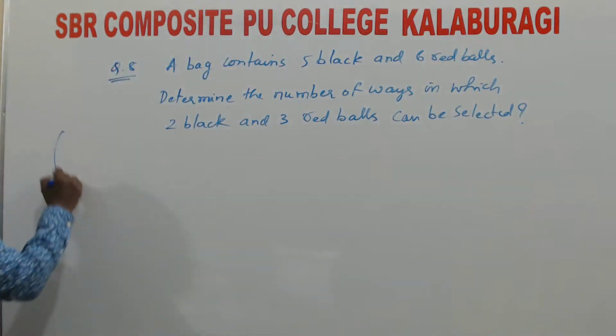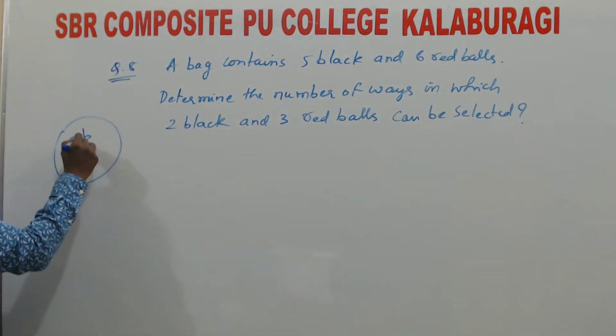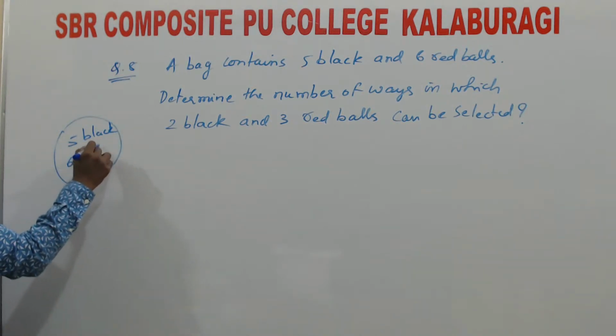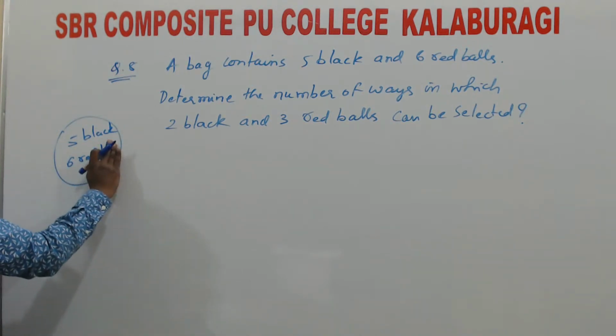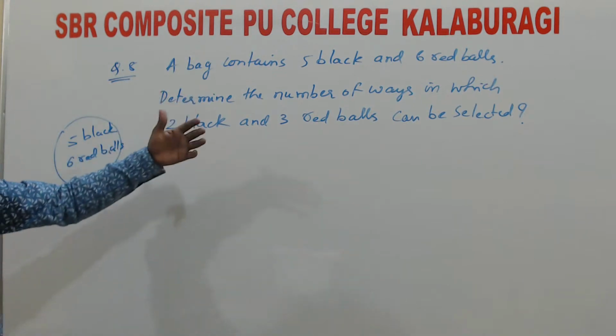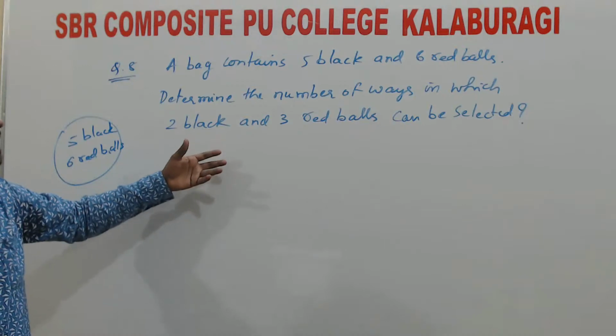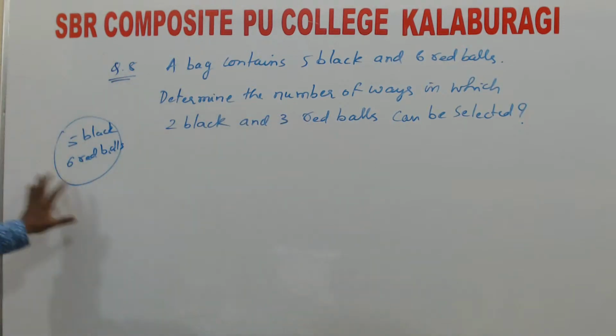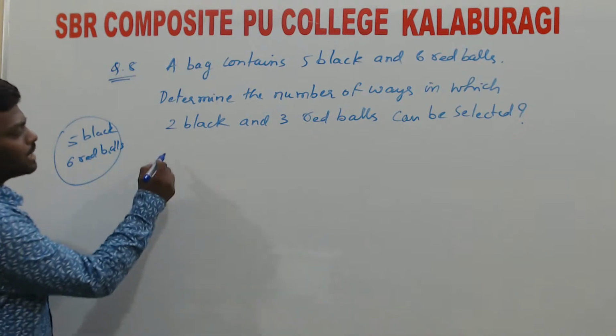So out of the collection of 5 black balls and 6 red balls, what they are asking is to choose in such a way that you select two black and three red balls from this bag. How can it be done?